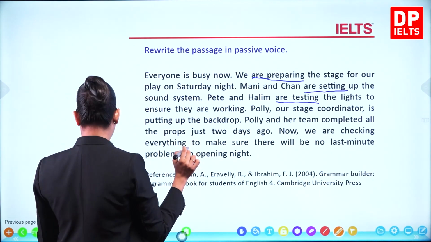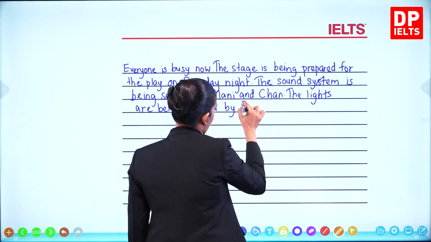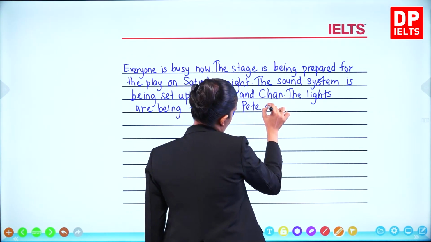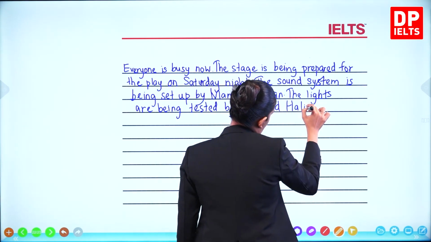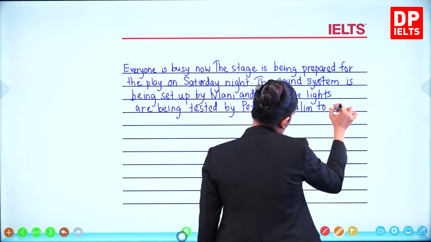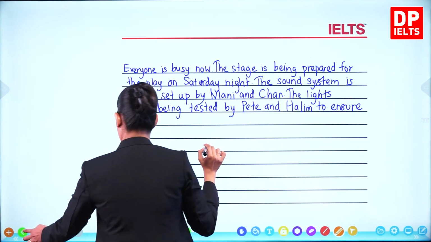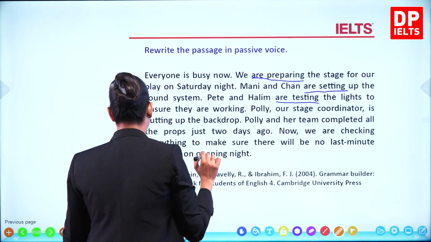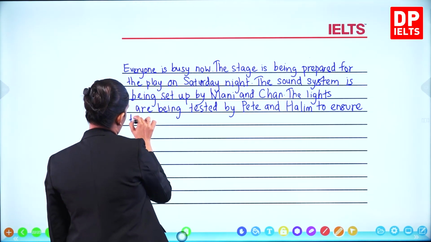By Pete and Halim. So the lights are being tested by Pete and Halim to ensure that they are working. To ensure they are working.